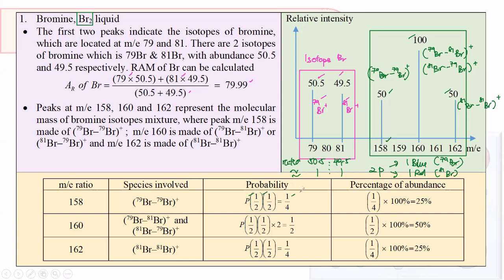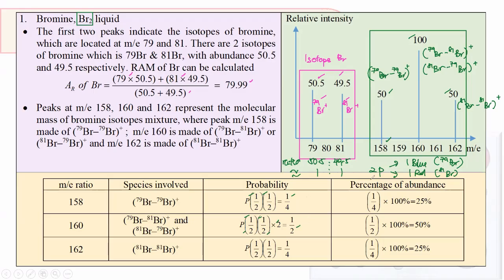you get 1 over 4. What is the probability for you to draw first blue, then red, or first red, then blue? Again, it's 1 over 2 times 1 over 2, but because you have two chances to get 1 blue and 1 red respectively, that is why 1 over 2 times 1 over 2 times 2, you get 1 over 2.